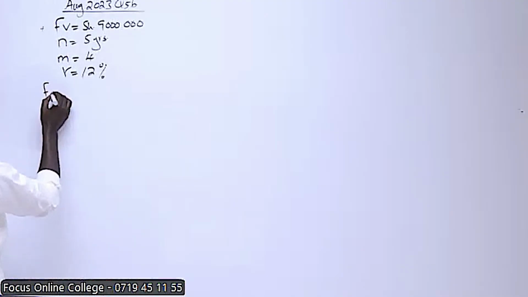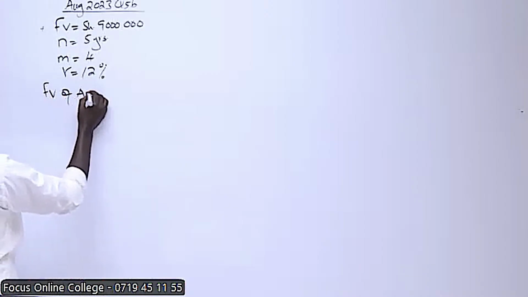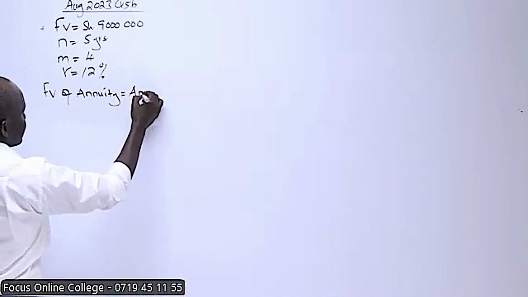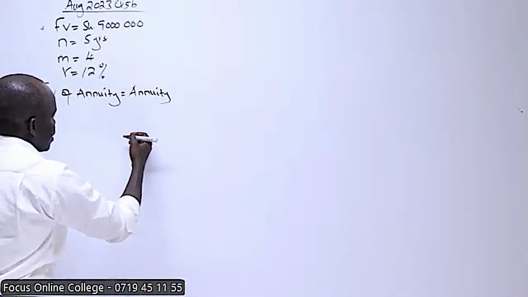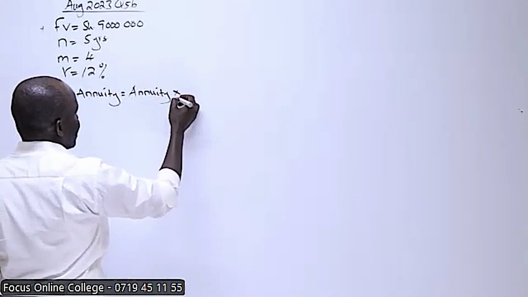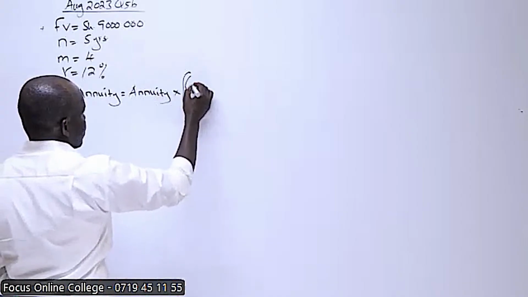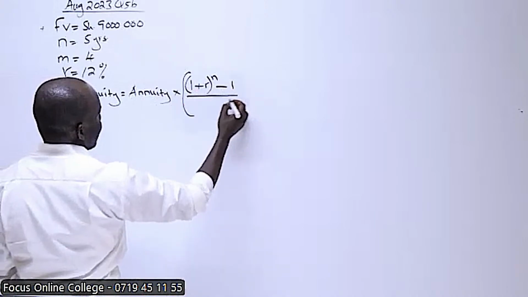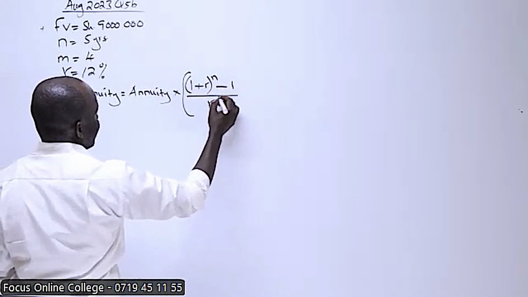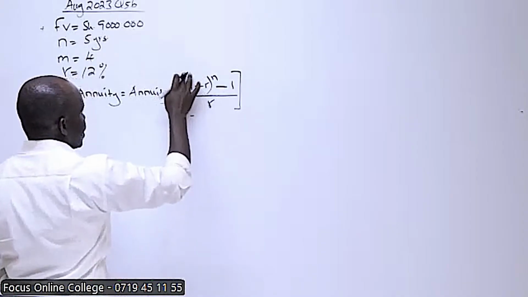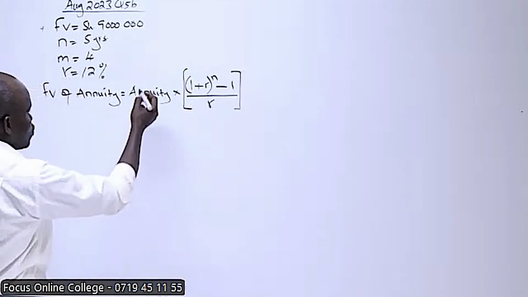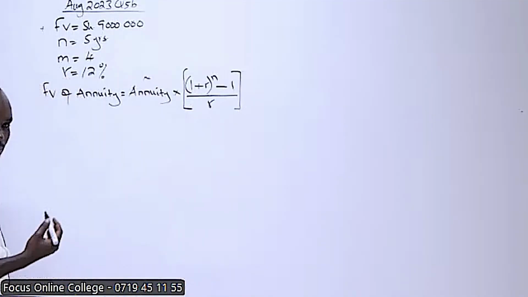We've just said that the future value of an annuity is equal to the annuity times 1 plus R power N minus 1 over R. The annuity is what we are looking for, because it is the amount of money he will be depositing each quarter.